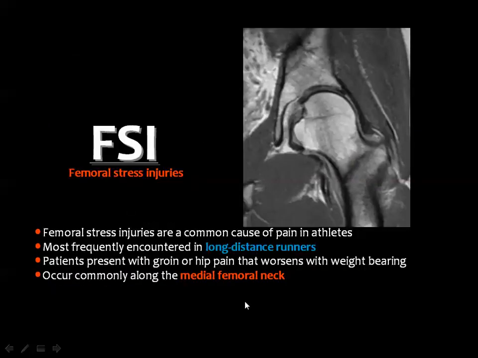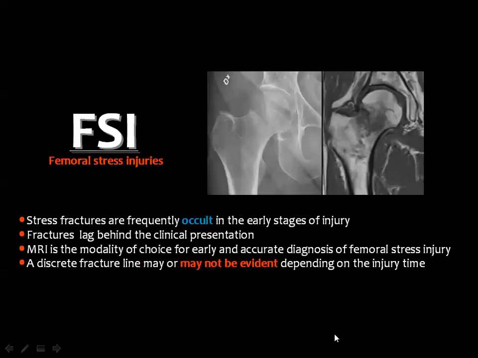Of course, the stress fractures are common in the region of the femoral neck, and they are especially encountered in long distance runners. They affect mainly the medial aspect of the femoral neck, but sometimes they occur on the lateral aspect as well. In most of the cases, the fracture is occult on the plain X-ray, and many times you cannot see the fracture line for sure.